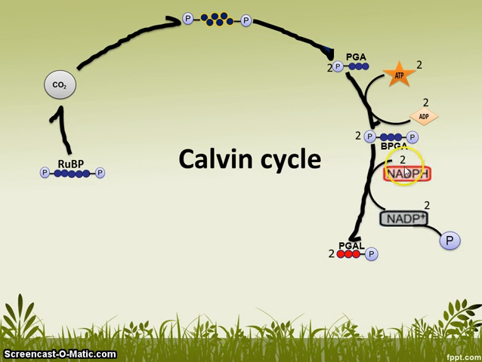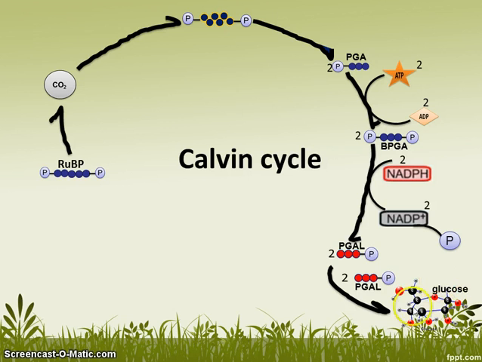Furthermore, the BPGA gets a hydrogen from NADPH, which was formed in the previous stage, the light-dependent stage, and it forms what we call PGAL, or phosphoglyceraldehyde. Two molecules of phosphoglyceraldehyde are enough to make one molecule of glucose.